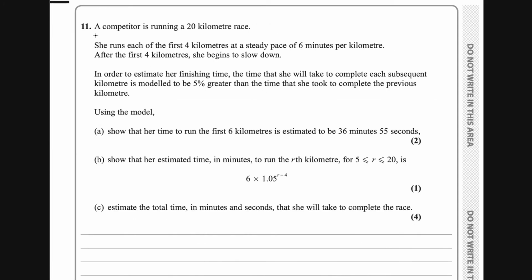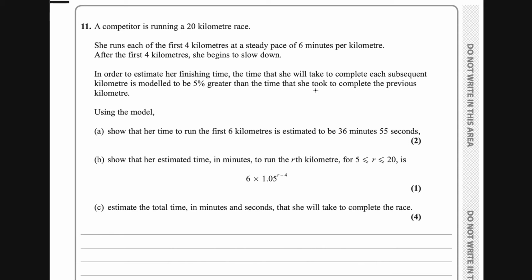In question 11, we are told that a competitor is running a 20-kilometre race. She runs each of the first 4 kilometres at a steady pace of 6 minutes per kilometre. After the first 4 kilometres, she begins to slow down. In order to estimate her finishing time, the time that she will take to complete each subsequent kilometre is going to be modelled to be 5% greater than the time that she took to complete the previous kilometre.